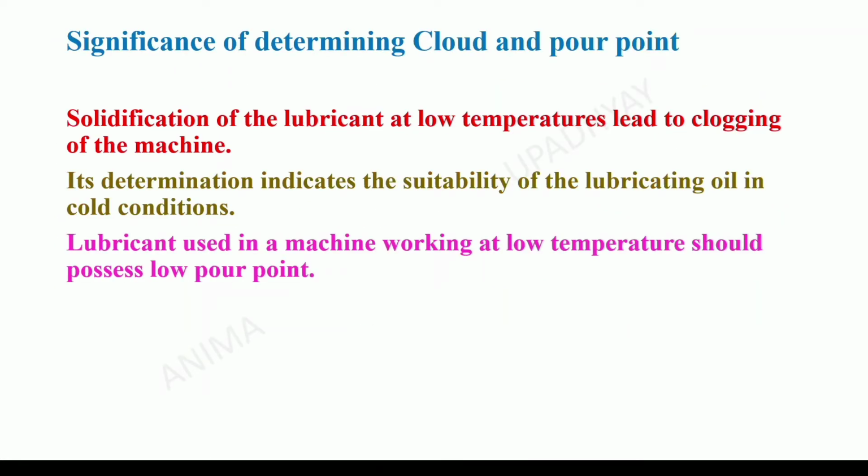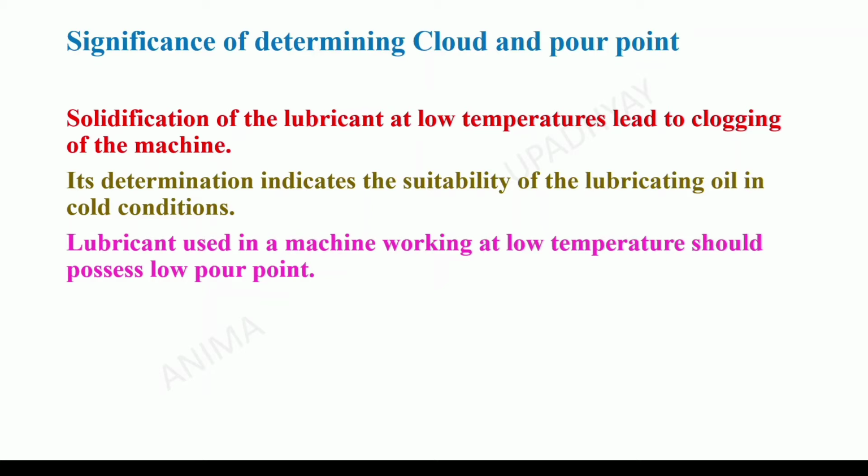So, what is the significance or importance of determining cloud and pour point? The solidification of the lubricant at low temperature may result in clogging or blocking of the machine. Its determination indicates the suitability of the lubricating oil in cold conditions.